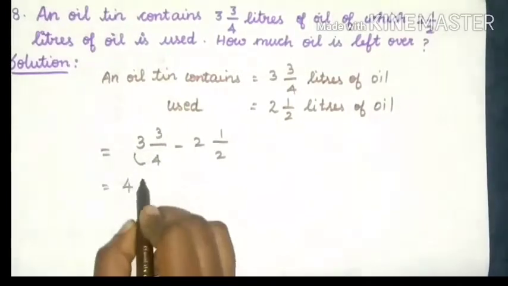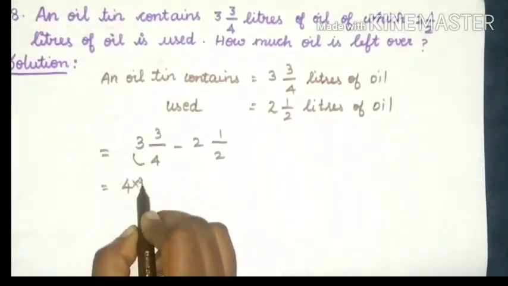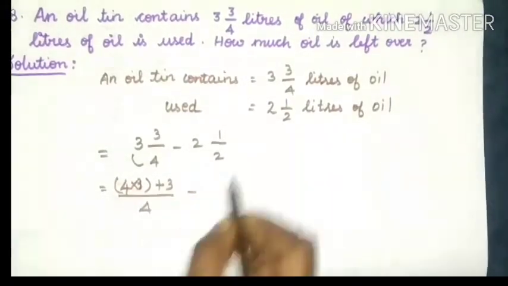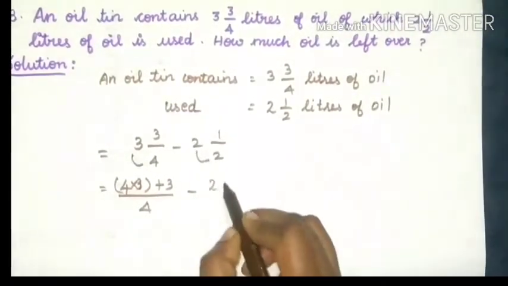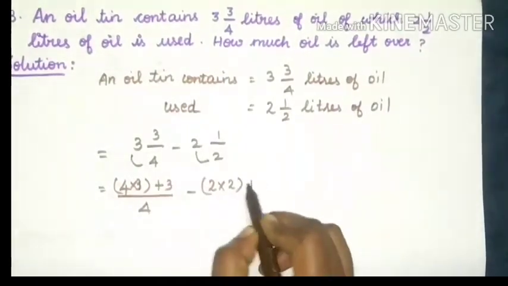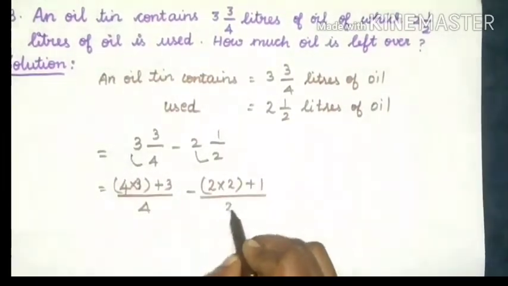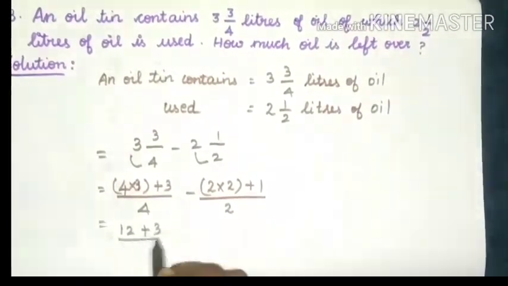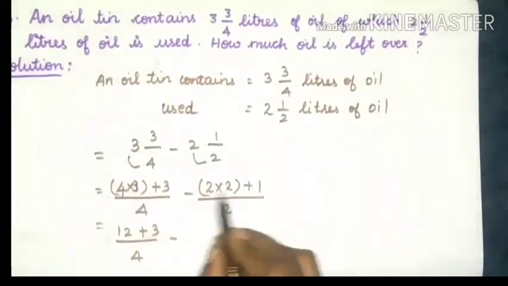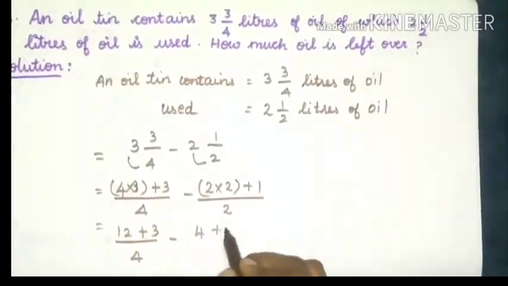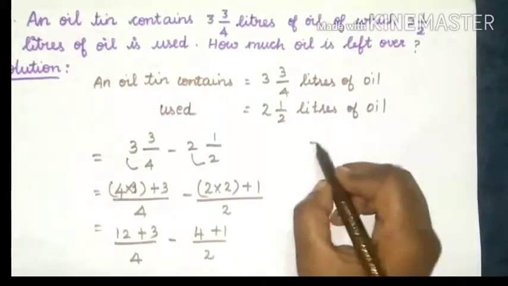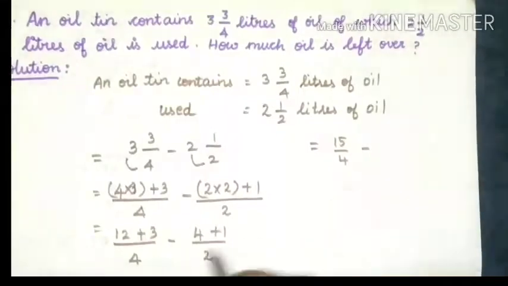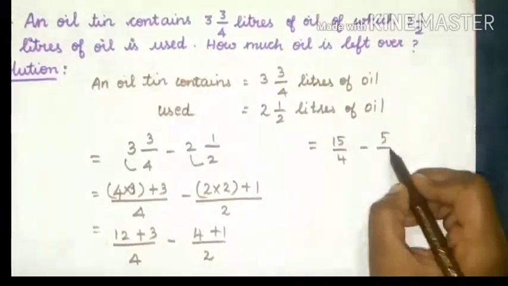See, 4 into 3 plus 3 divided by 4, minus 2 2s are 4 and then plus numerator 1, divided by 2. 12 plus 3 equal to 15 by 4, minus 4 plus 1 is 5 by 2.